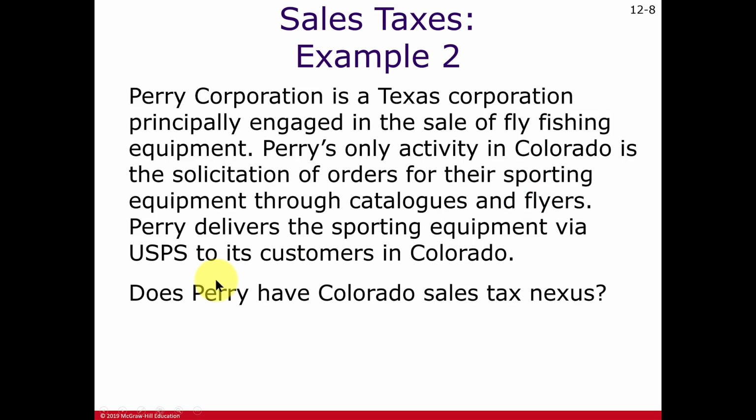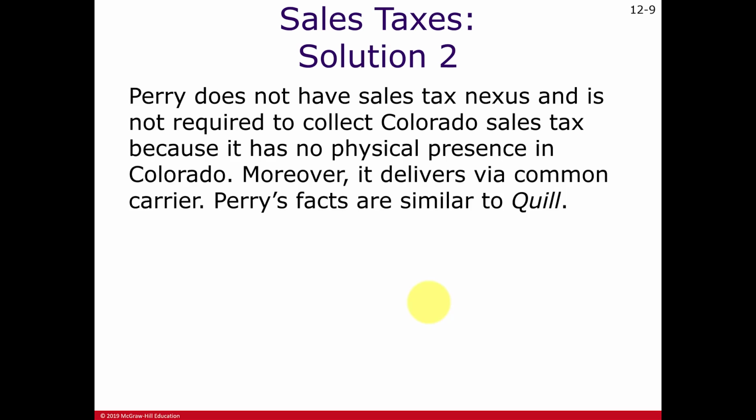So does Perry have Colorado nexus where they have to collect the sales tax and pay it over to the Colorado government? The answer is no. So Perry doesn't have to collect the sales tax, but the buyers technically have to pay that tax, again called a use tax, over to their Colorado government.